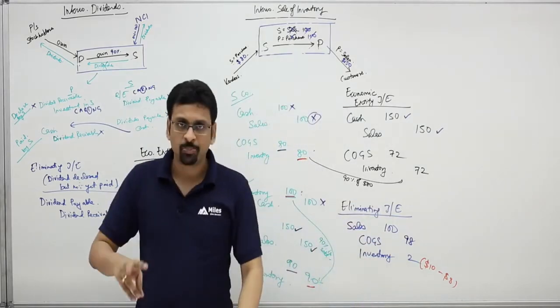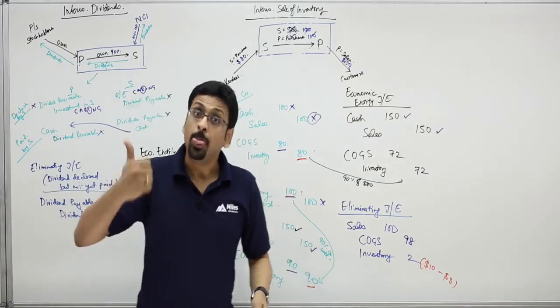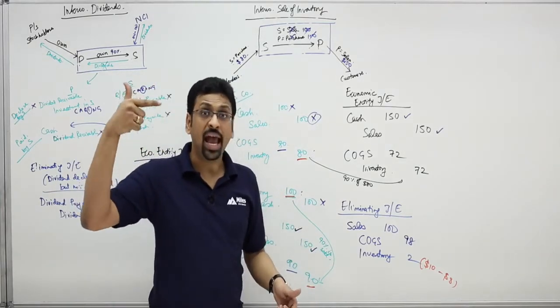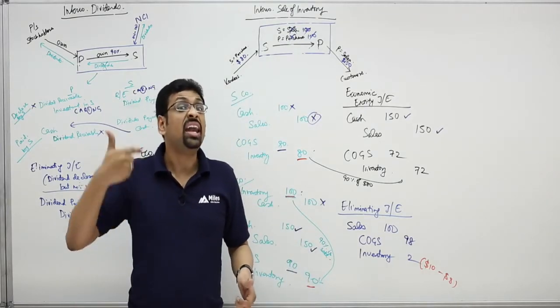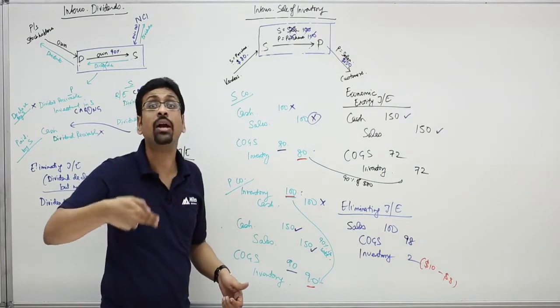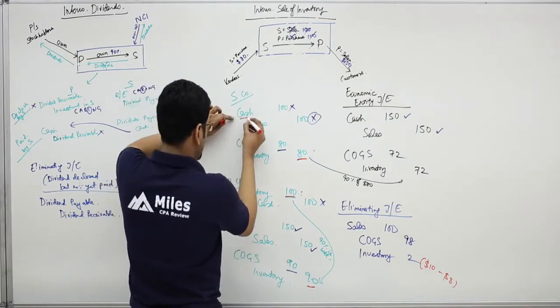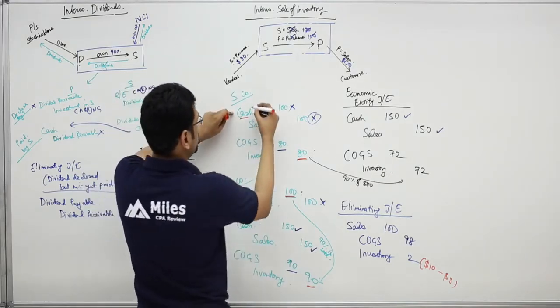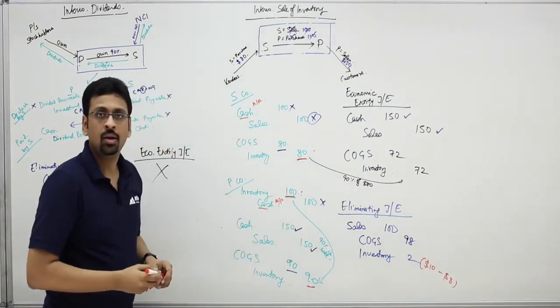So we've looked at two things. Number one, we are eliminating the intercompany sales. Number two, we are eliminating any profit in ending inventory. And number three, if the sales and purchase happened on credit. So good thing here, you had cash and cash. How about if this was accounts receivable and this was accounts payable?